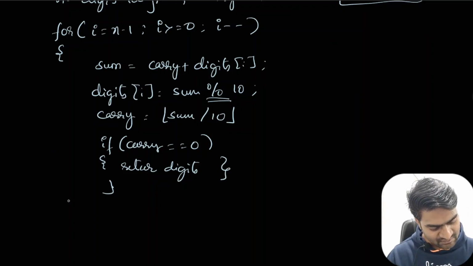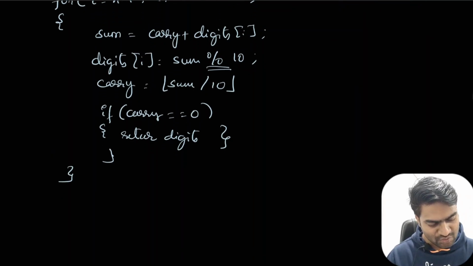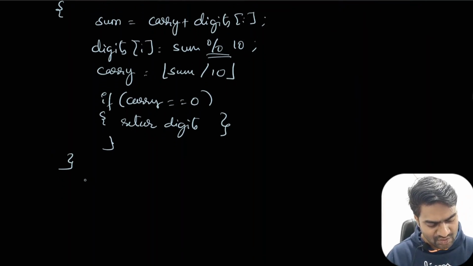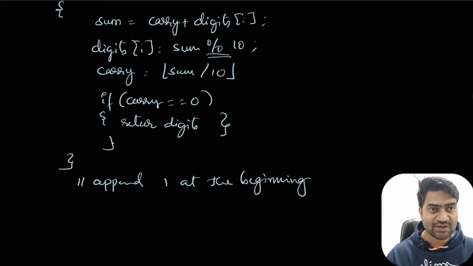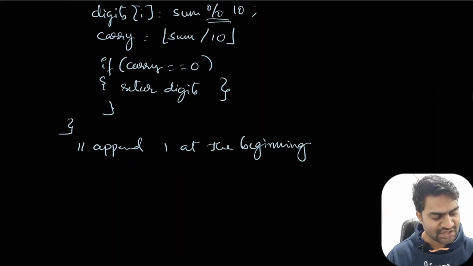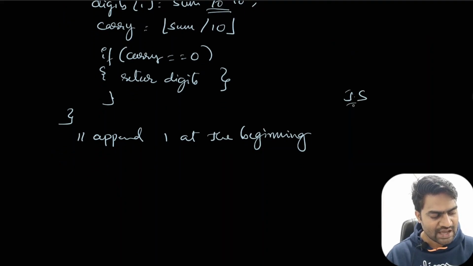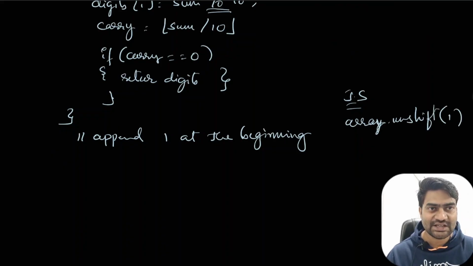In that case, we will come out of this particular for loop. Then we need to append 1 at the beginning. We will see in the code how we can append this. So in JavaScript, you have array dot unshift, then you can pass 1. This will add 1 at the beginning.